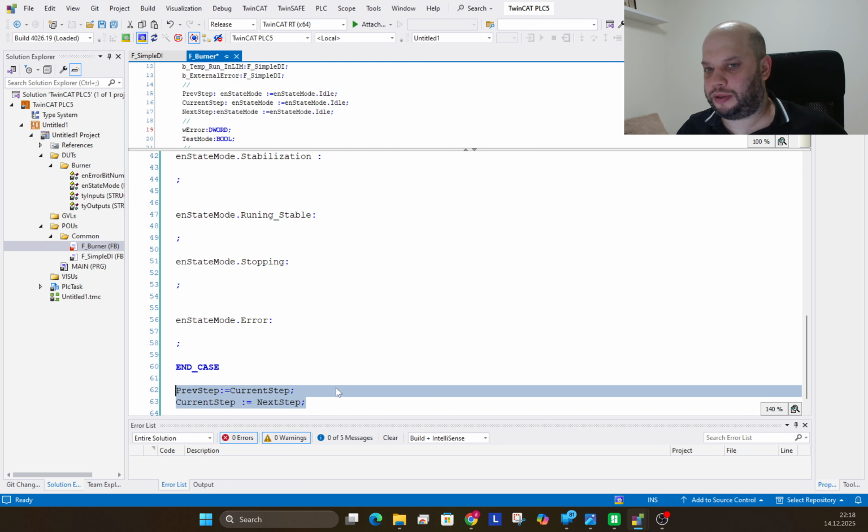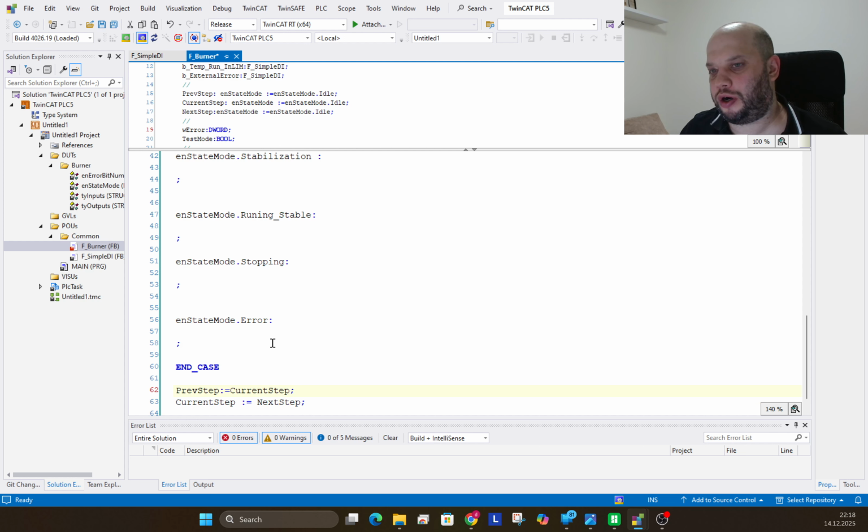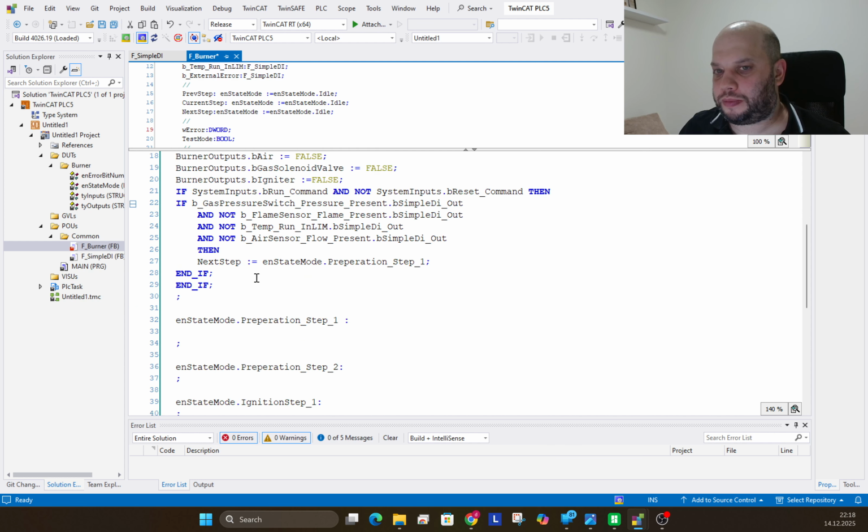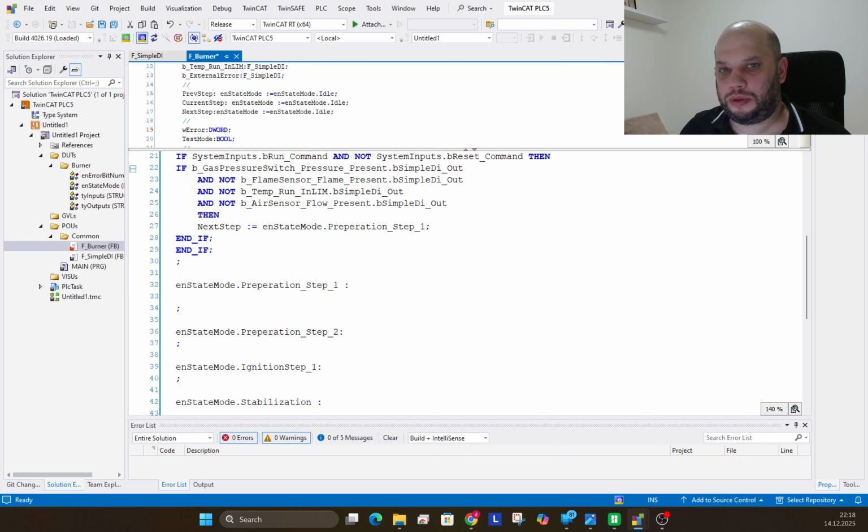So yeah, this is a very useful structure. So what else? We need to check if something is wrong, like something from here is wrong.